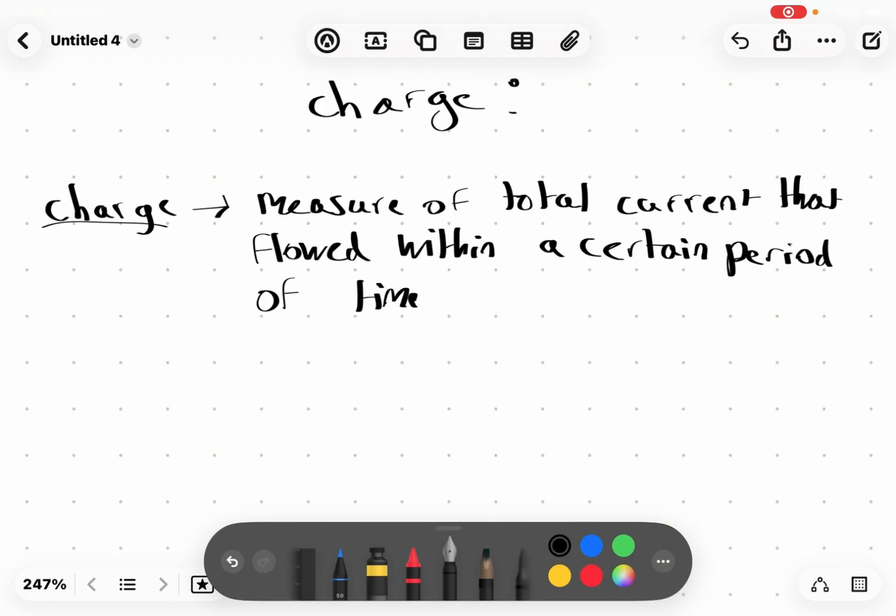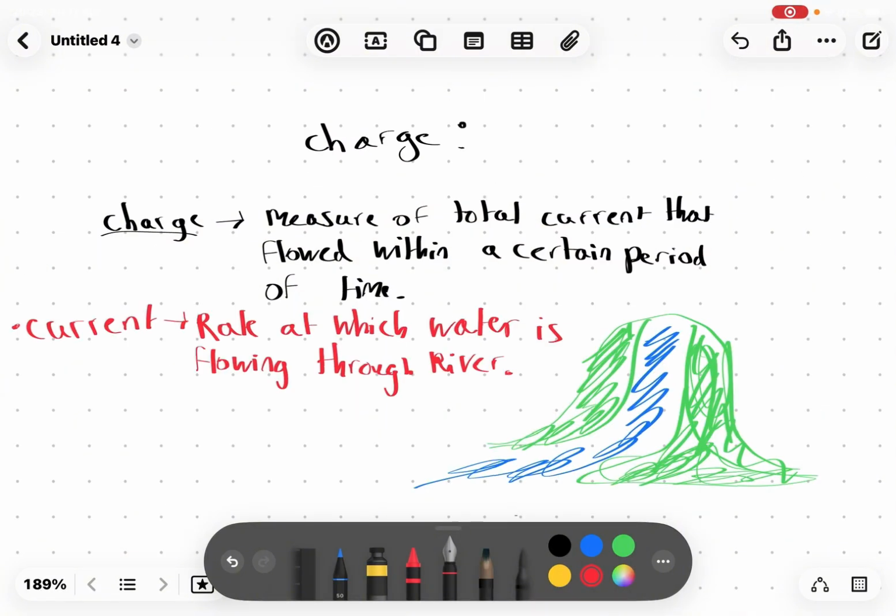Charge is a measure of total current that flows within a certain period of time. So you know how we worked out the current, right? In the most basic words, charge is how much current goes through in, let's say, 5 seconds. That's going to be the charge. Many people like to use the water analogy, where current is the rate at which the water is flowing through a river.